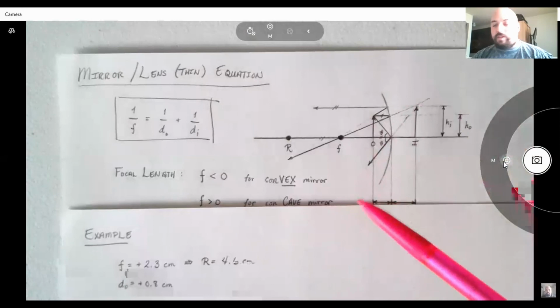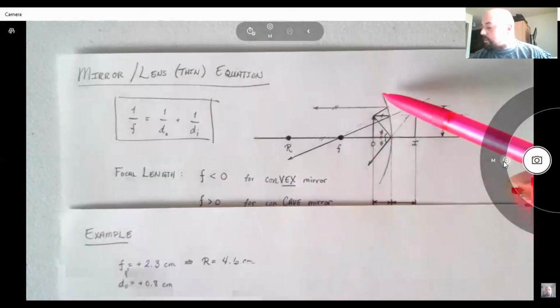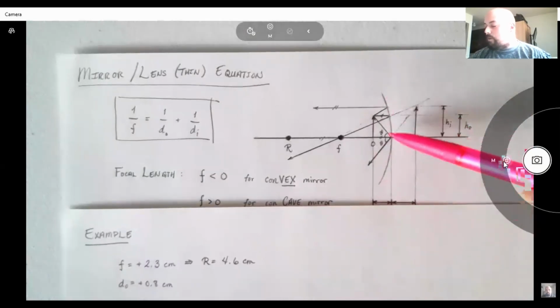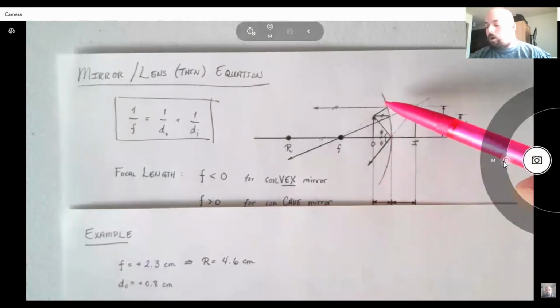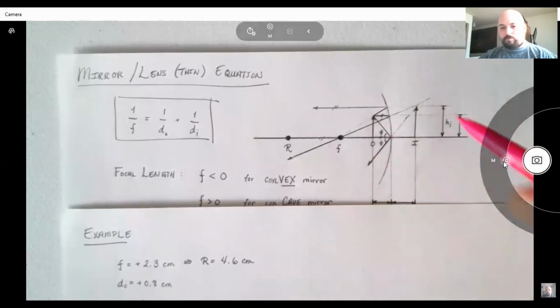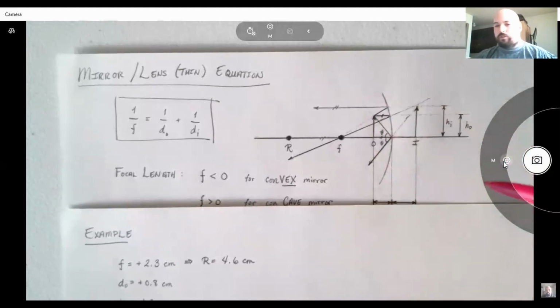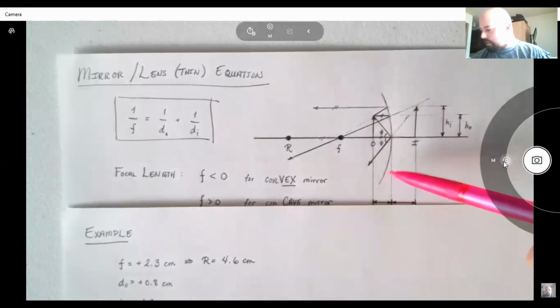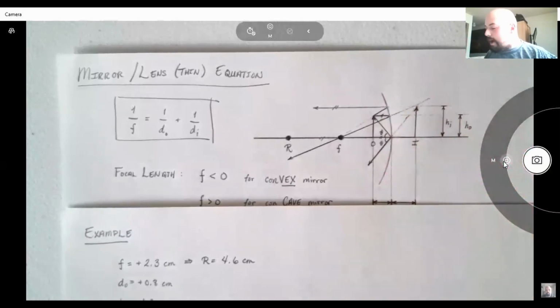This is why, for example, makeup mirrors or compact mirrors have a very, very large radius of curvature, so that when you put them in front of your face it is enlarged and also upright, so that you can do finer details on your face for makeup applications. That's an application of using a concave mirror in daily life.